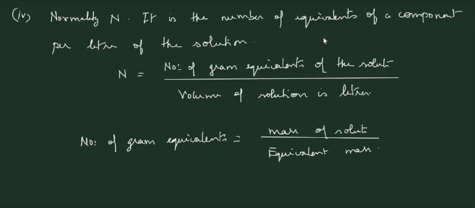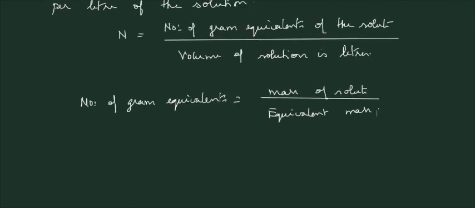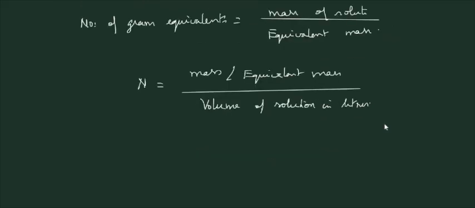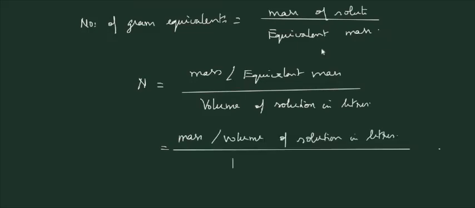So in the expression for normality, N is equal to mass divided by equivalent mass, divided by volume of solution in liters. We can rearrange this as mass divided by volume of solution in liters, divided by equivalent mass.